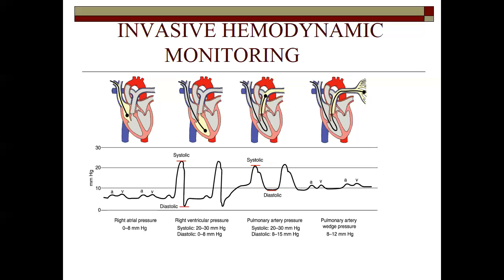I'll get a better view of pulmonary artery wedge pressure a little bit later. There's no defined wedge pressure where I can say, yes, this is a pulmonary artery wedge pressure. You're not going to see one on a test because they vary so much.